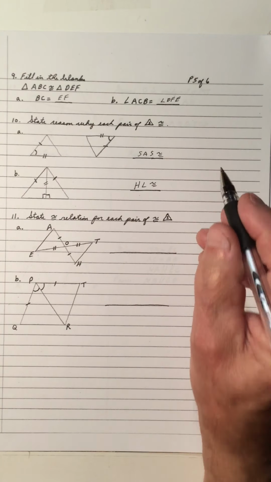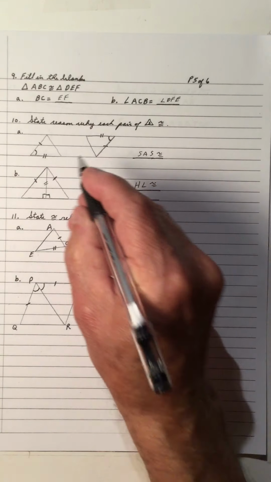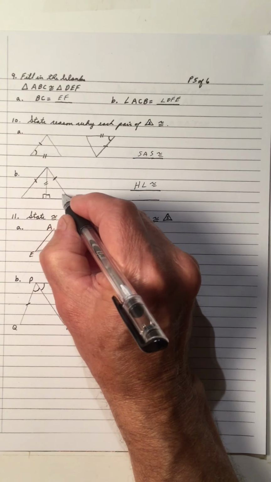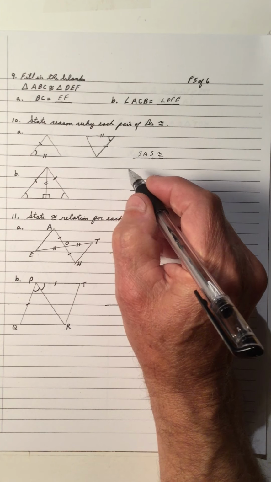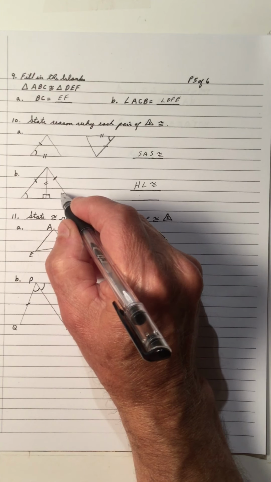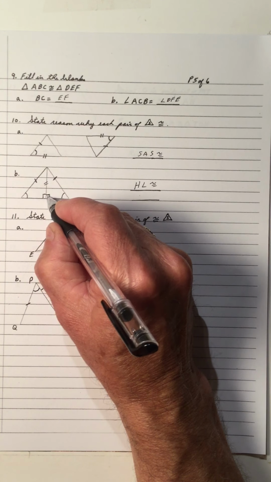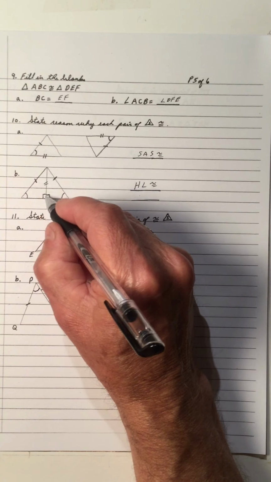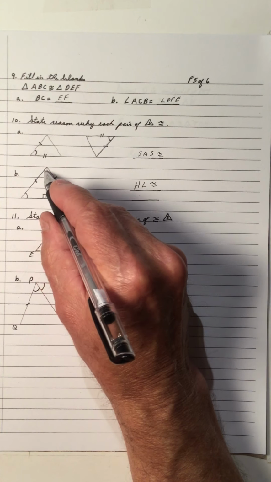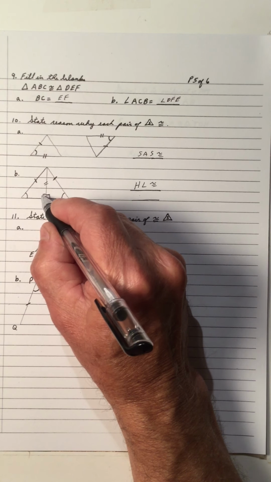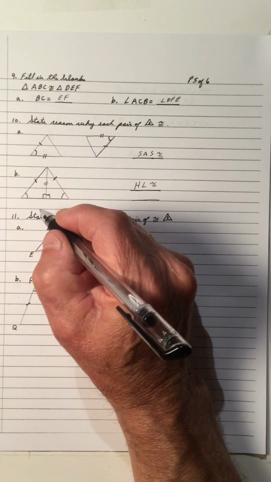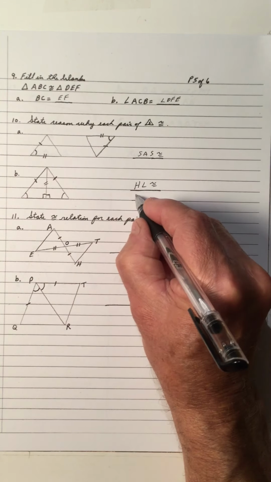And you could also state another reason: if these two sides are equal, that means this angle is equal to this one. So if we make these two angles equal, because they're perpendicular, they're right angles, then these two triangles could be congruent by AAS. Or we could go this way, AAS. So we could also have an AAS congruency here.